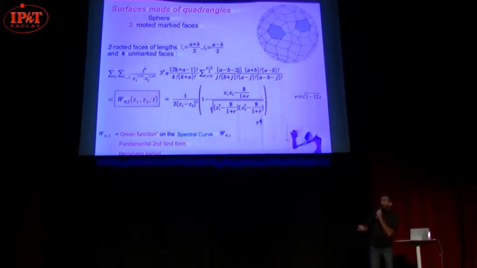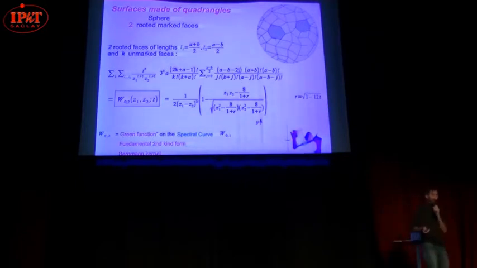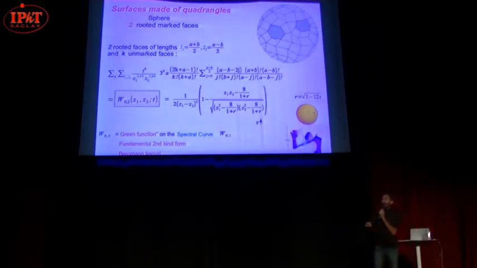Let me try to describe it this way. Remember our spectral curve was this function W01, the one I plotted before, which is in fact a surface embedded into C cross C. And this surface can be conformally mapped to the Riemann sphere. It's conformally equivalent to the Riemann sphere. Let me describe to you how we can compute W02 geometrically. We take Z1 and Z2.